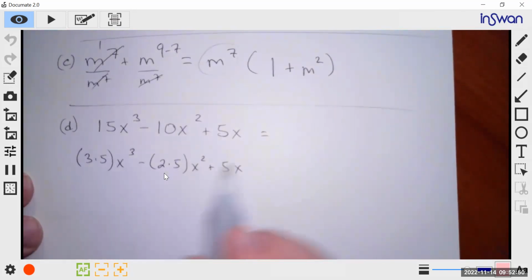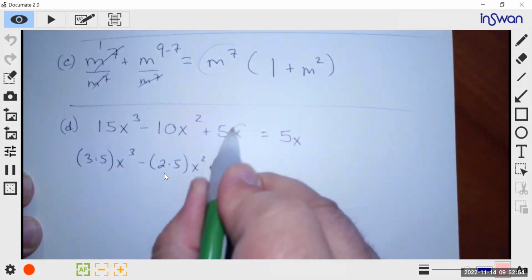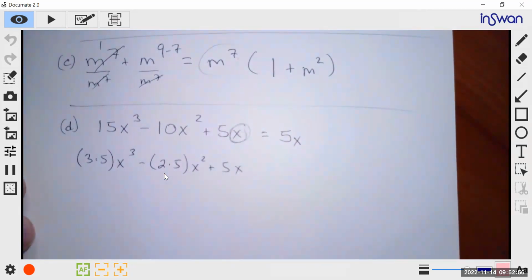Yeah, they each have a 5 in common and 1 x. You cannot have more than this many number of x's.